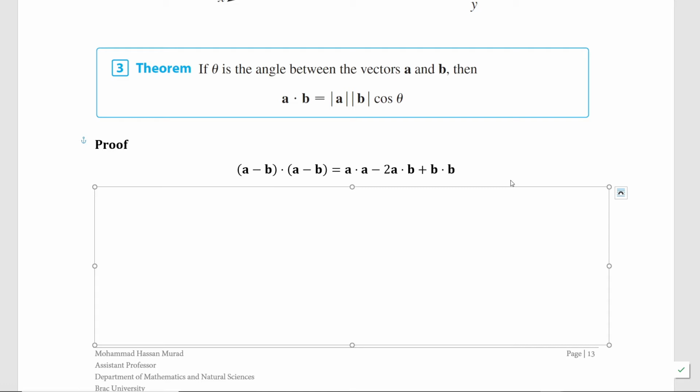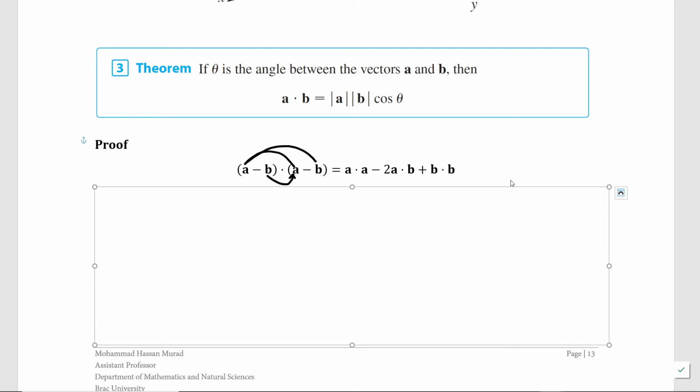For example, A dot A gives us the first term on the right-hand side, and A dot B with a negative sign gives negative A dot B. Similarly, if we multiply the negative B with A, this gives us another term. Since the dot product is commutative, B dot A can also be written as A dot B.